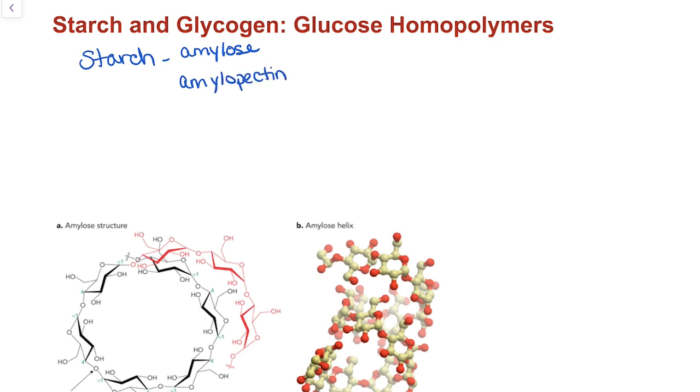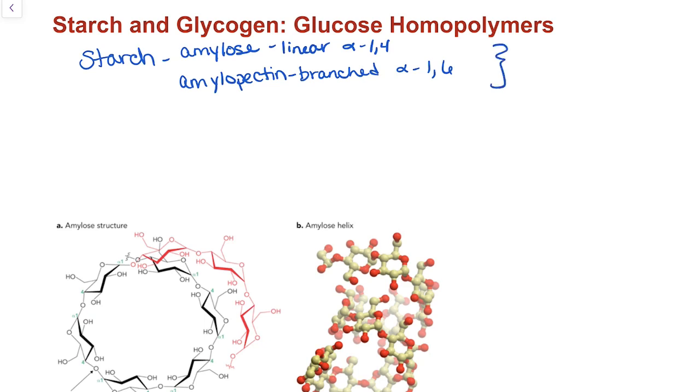Amylose is going to be a linear alpha 1,4 glucose linkage, whereas amylopectin is going to be a branched molecule that branches off of the 6th carbon in an alpha 1,6 linkage.